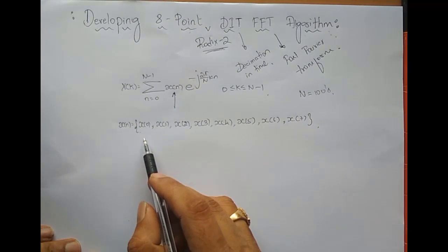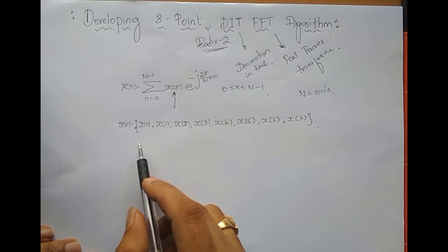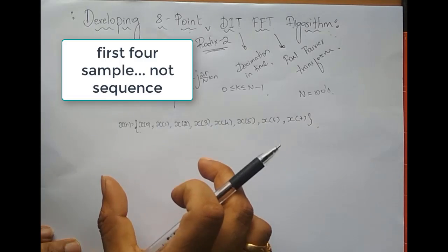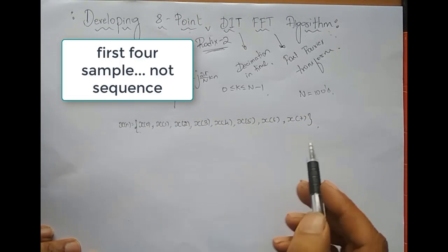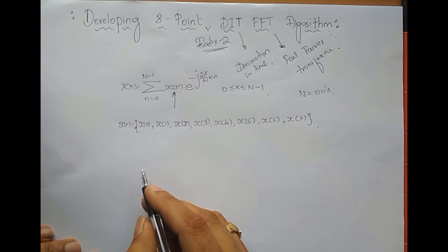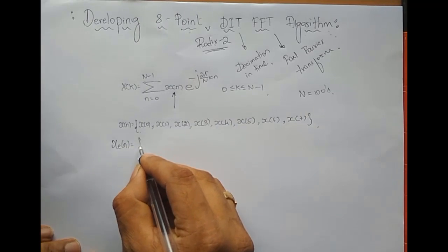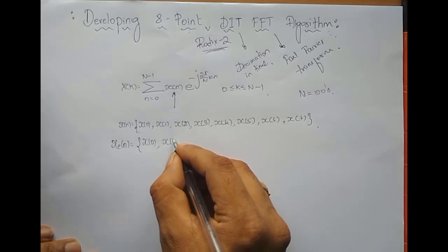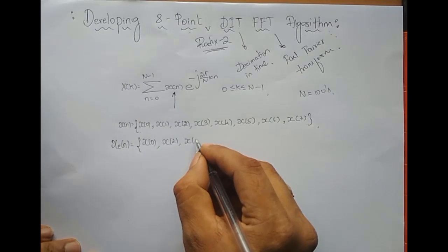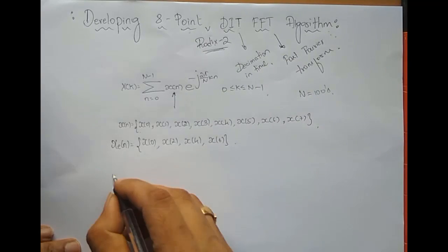So we are going to decimate this sequence into two sequences of length 4, where the first 4-sample sequence is all the even samples, and the next 4-sample sequence is all the odd samples. What is the even sequence? We have x e of n, all the even samples, which is x of 0, x of 2, x of 4, and the last sample is x of 6.